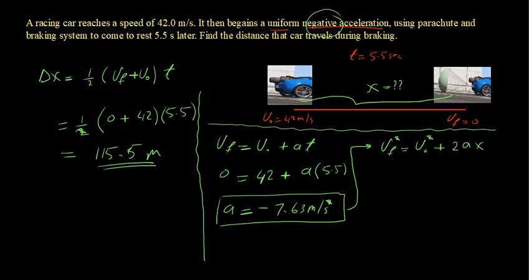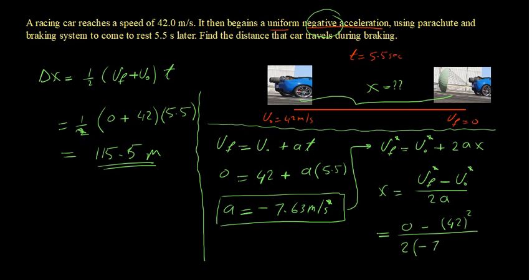When you rearrange the formula, x will be V final squared minus V initial squared over 2a, so 0 minus 42 squared over 2 times negative 7.63.